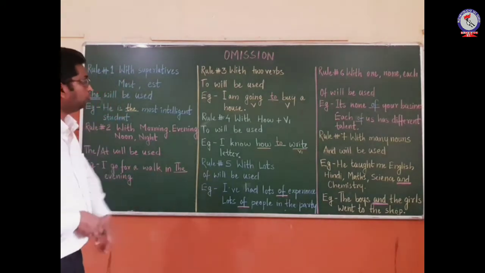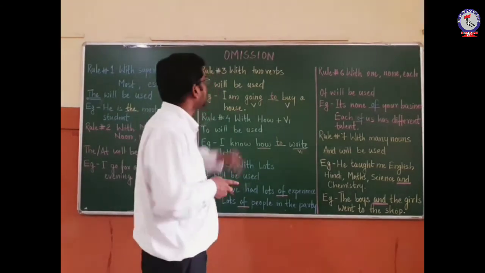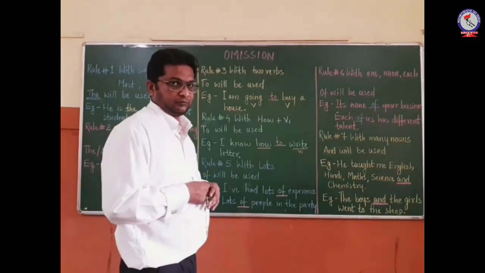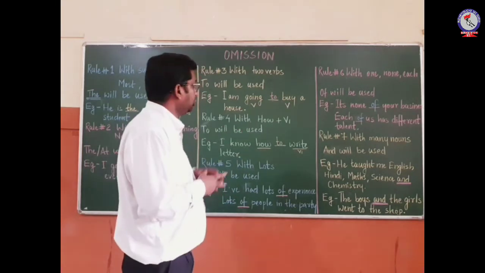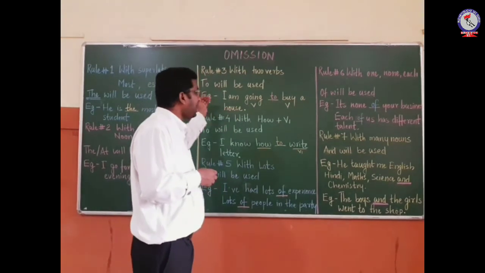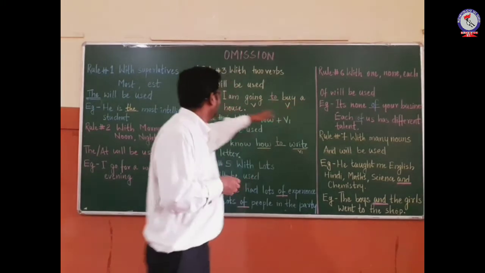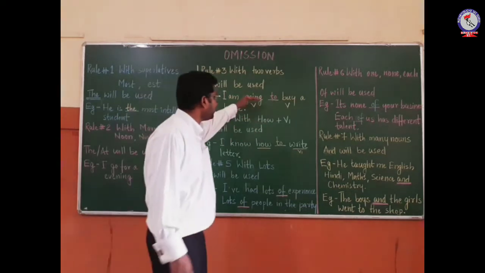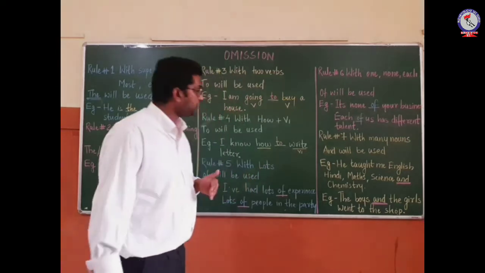Now see the rule number 3 with two verbs. With two verbs, to will be used. When there are two verbs in a sentence, then to will be used in between. See one example here. I am going to buy a house. In this sentence, going is a verb, buy is a verb.